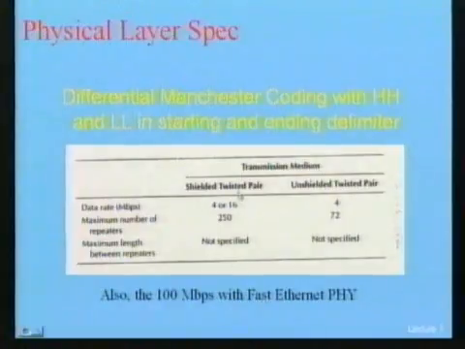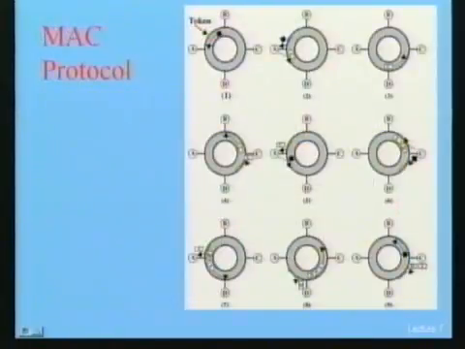Anyways, the data rates are 4 and 16 and 100 megabit per second. For legacy 802.5, it's 4 and 16 megabit per second. Physical layers, all digital. Now, MAC protocols. The physical layer is the same as the other one.